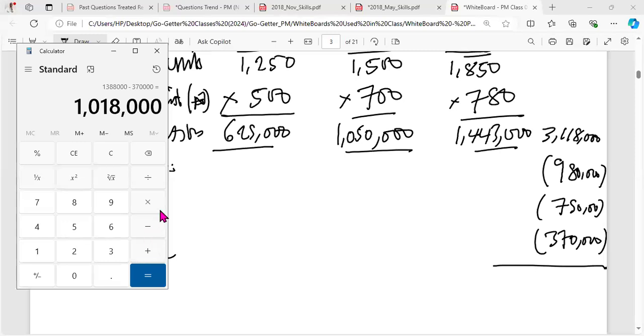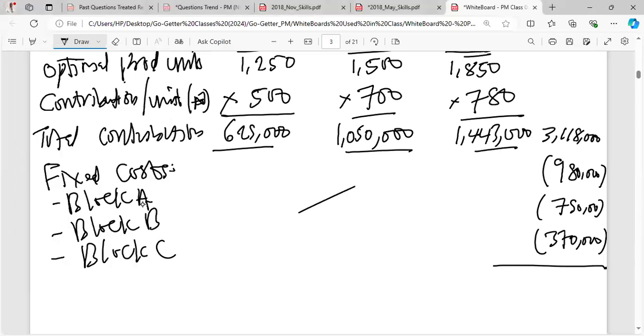That gives me 1,018,000. So this is my total profit for the year.